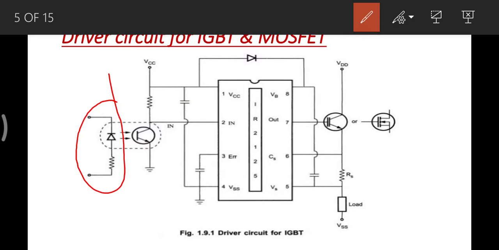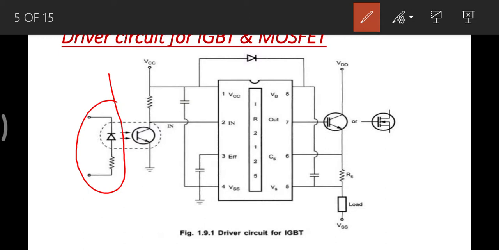These infrared rays are used to trigger the circuit. Initially, by using this LED, the infrared rays fall on the light sensitive transistor. So this transistor starts turning on and sends signals to the IC.